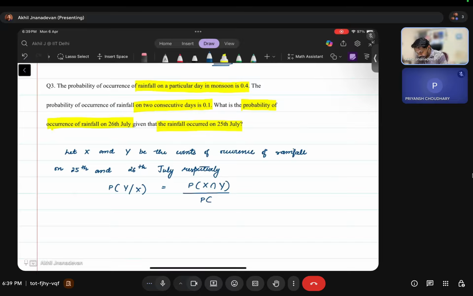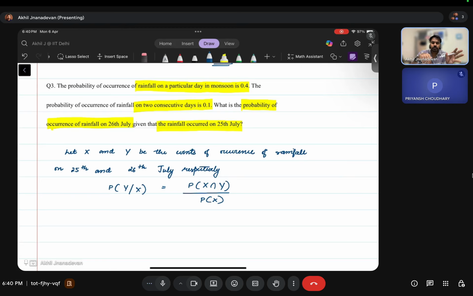That is P of X. You can remember this formula: we are dividing the intersection probability, the probability that both will happen, by the given condition. The given condition has already happened, so we divide by that probability.